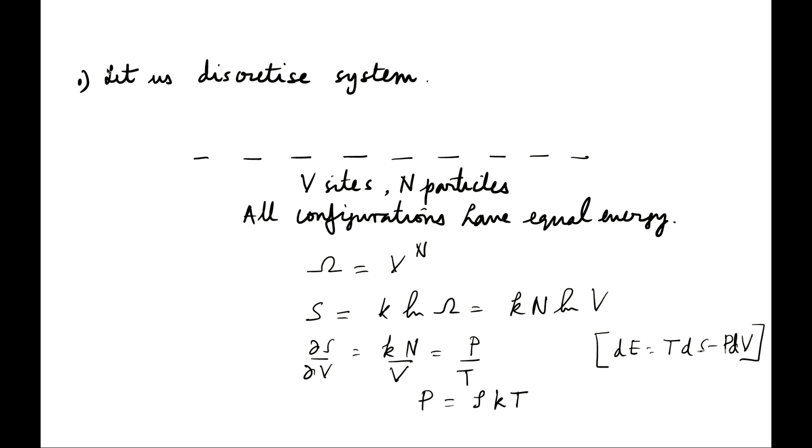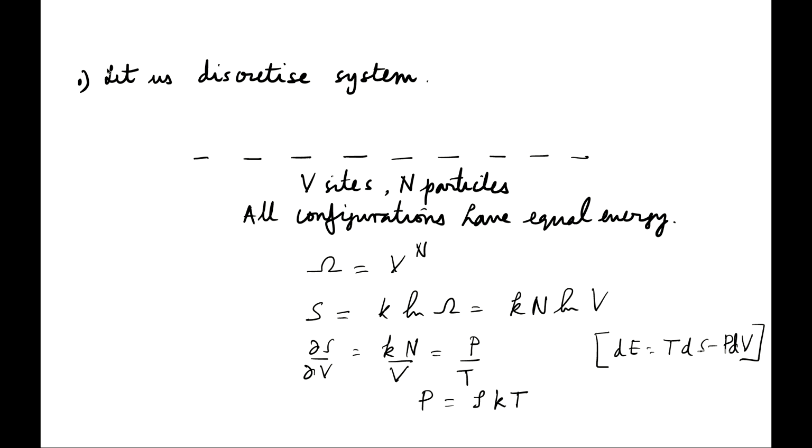Okay. So let us look at the answer. The first particle you can put in any of the V sites. How many ways can I do that? V. Second particle, V. Third particle, V, and the N-th particle. So V into V into V into V, V power N. Now we again apply the rule. We have completed the first one.